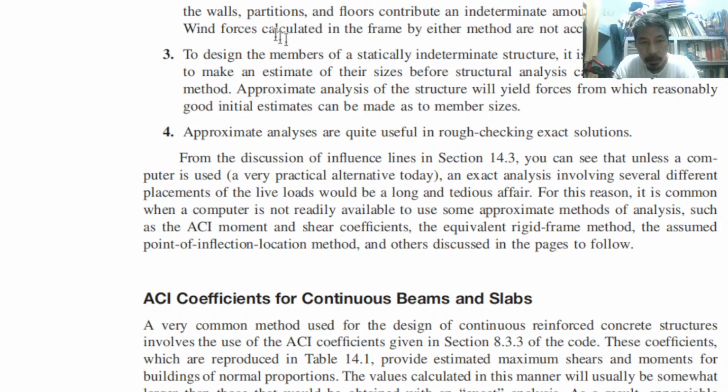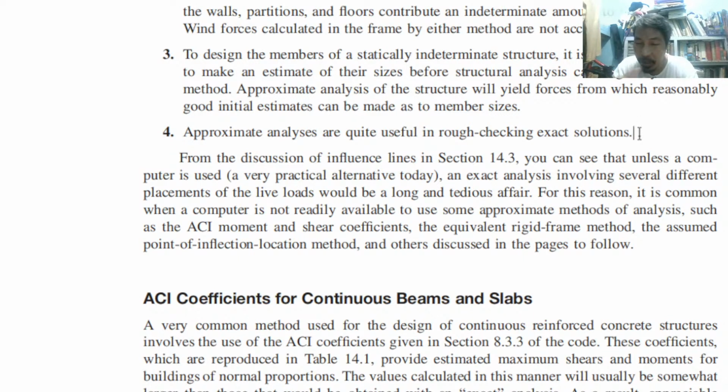Number 4, approximate analyses are quite useful in rough checking of exact solutions. We can make a rough check, for example, to prevent having errors in our computer apps.